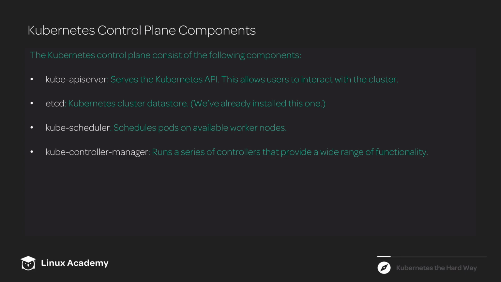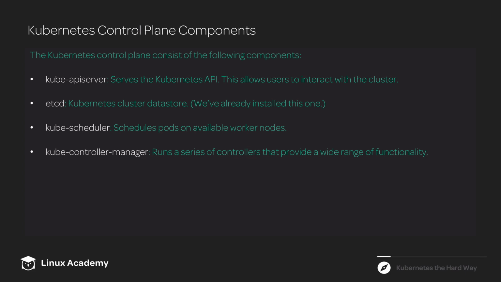Another service that we're going to be setting up is the Kube Controller Manager. And Kube Controller Manager is really a collection of other pieces of the Kubernetes control plane called controllers. So it manages these multiple controllers, and that's why it's called the Kube Controller Manager. These different controllers provide a wide range of functionality, and essentially what the Kube Controller Manager does is it combines all of those into a single process, and that makes it a lot easier for us to install and manage Kubernetes because we have one process, whereas we could have several more instead of just Kube Controller Manager.